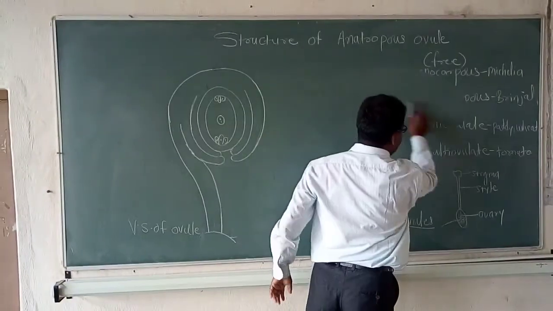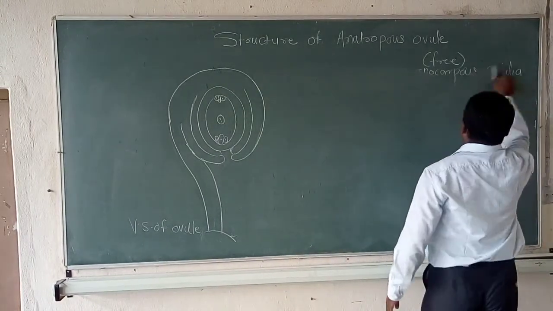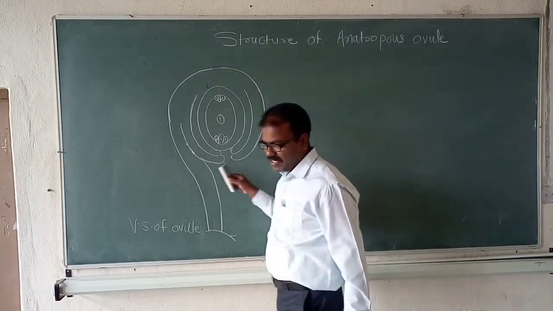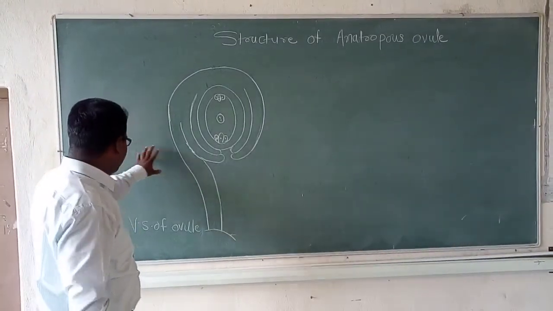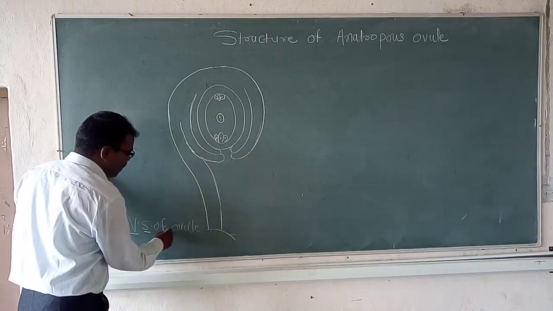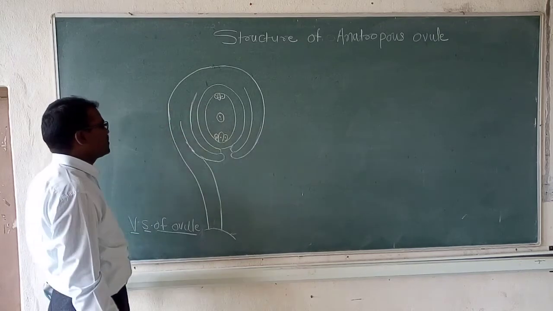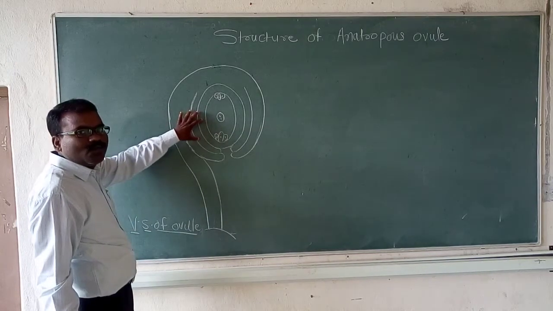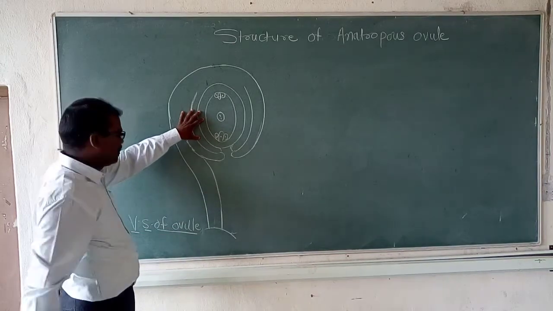Listen carefully. See in the diagram. This is the vertical section of the ovule, where ovule is present inside the ovary.